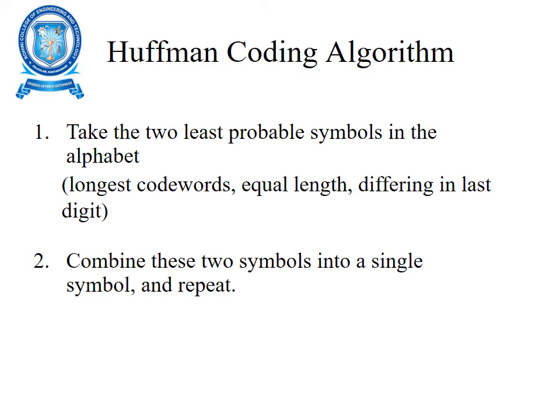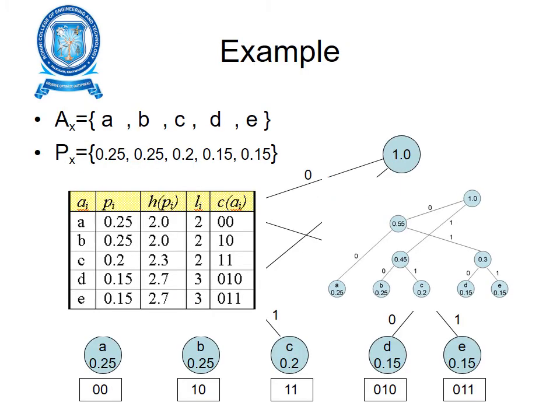The two least probable symbols are taken and combined into a single symbol, which I replace in its sorted position. This process has to be repeated. You will get a better understanding through this example.